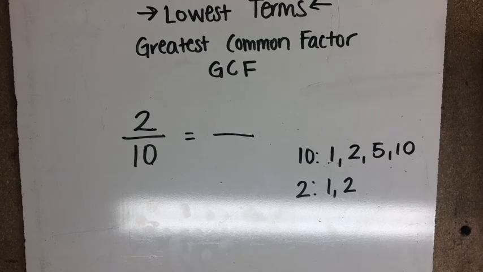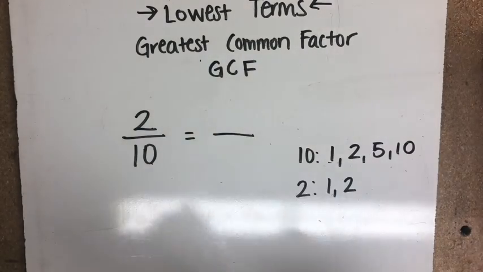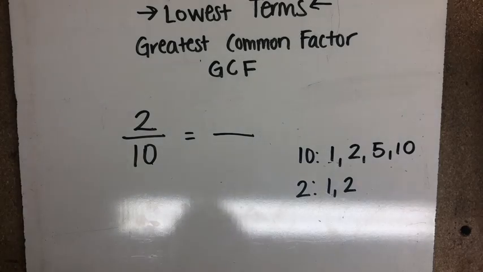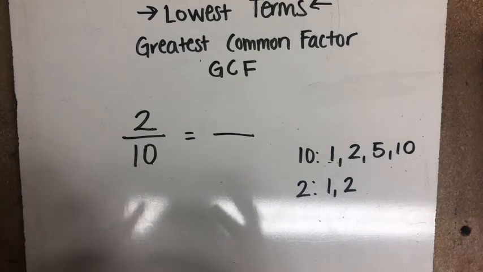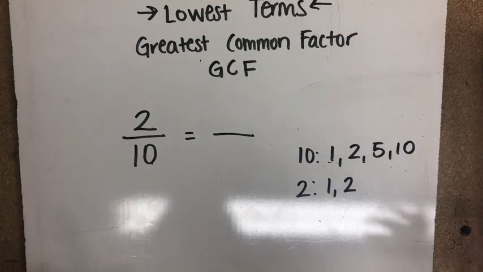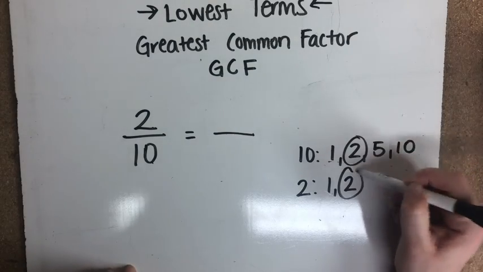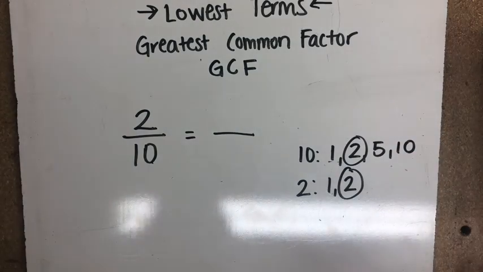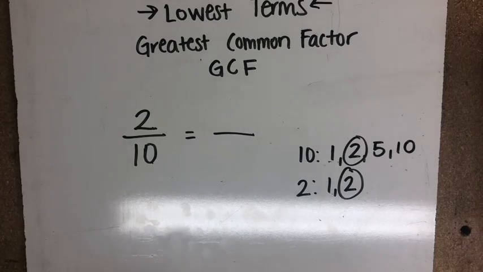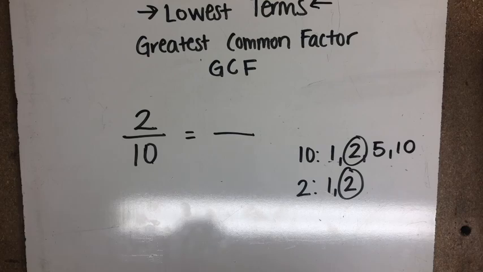Now you want to look for the greatest common factor. This is similar to the least common denominator, but instead of looking for the smallest number they have in common, you're looking for the biggest number that they have in common. If we look at these lists, you'll see that 2 is the biggest number that they both have in common.